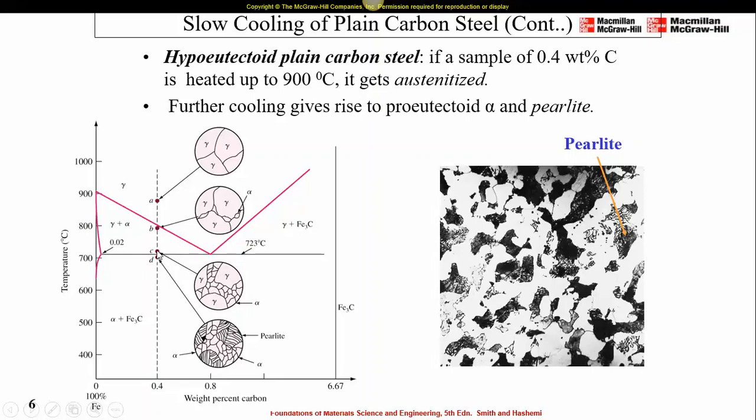The maximum amount of proeutectoid alpha is right above 723 degrees, right above the eutectoid temperature.